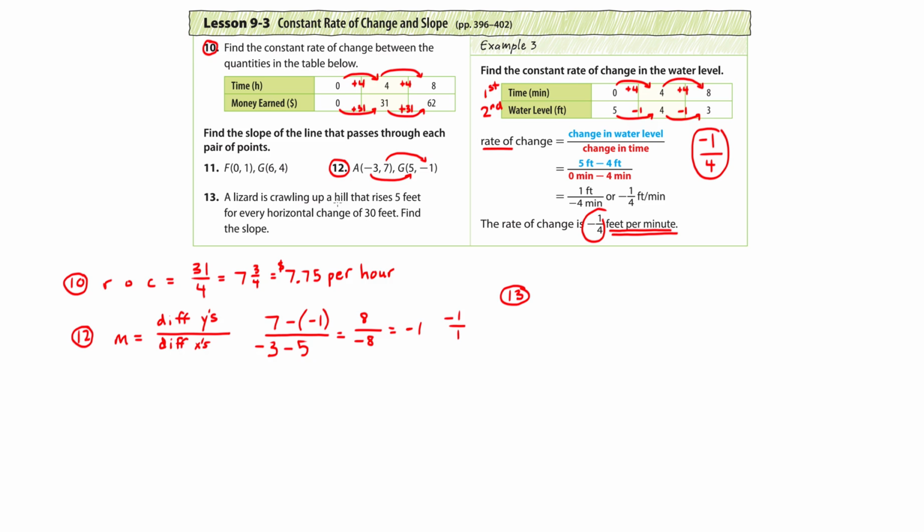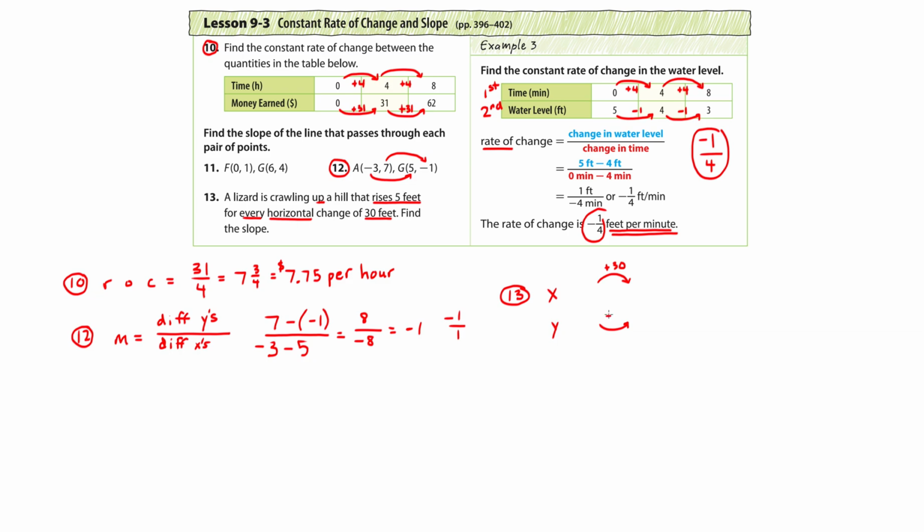A lizard is crawling up a hill that rises 5 feet for every horizontal change of 30 feet. So what this means is the horizontal is like the x, and the vertical is like the y. So a horizontal change in x means the x's are going up by 30, and then the y's are going up by that 5 feet.